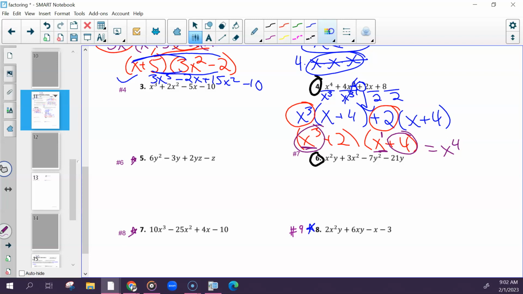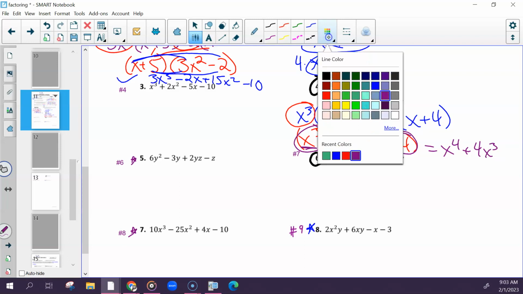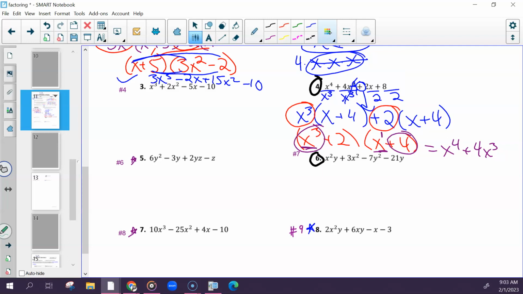That would give us 4x to the third. Then multiply the insides together. What would that give us? 2 times x, 2x. And then the last terms, 2 and 4, would be 8. So x to the 4, 4x to the third, 2x, and 8, and that all works.